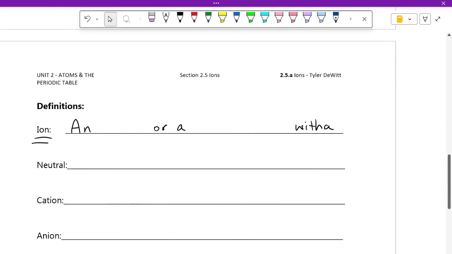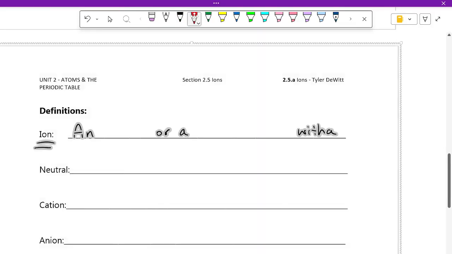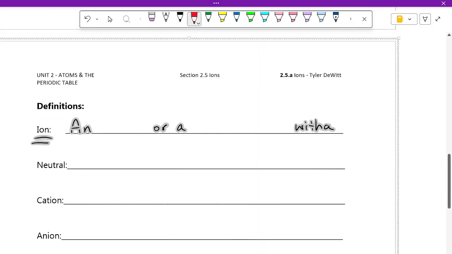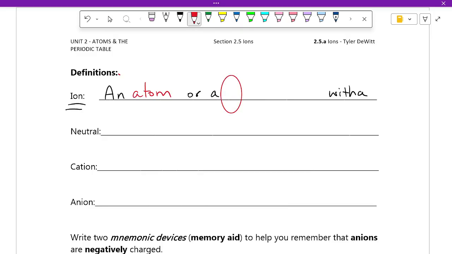An ion is an atom or a group of atoms with a charge.